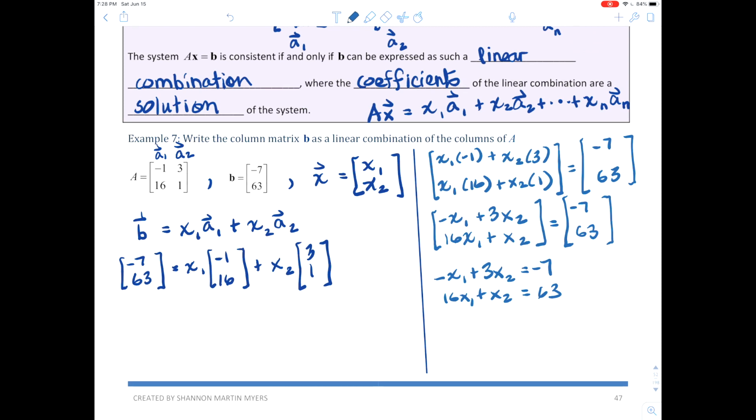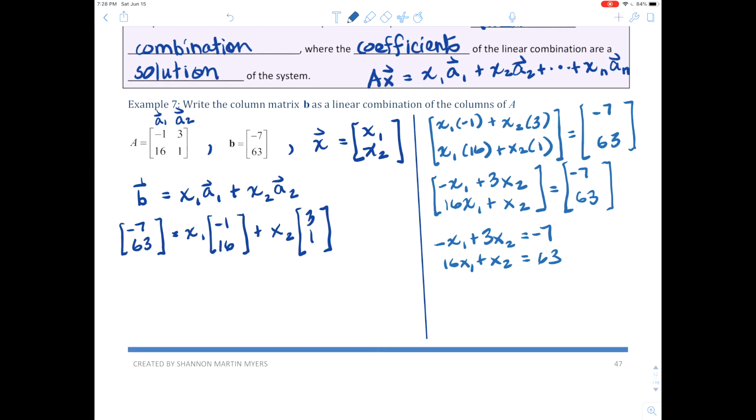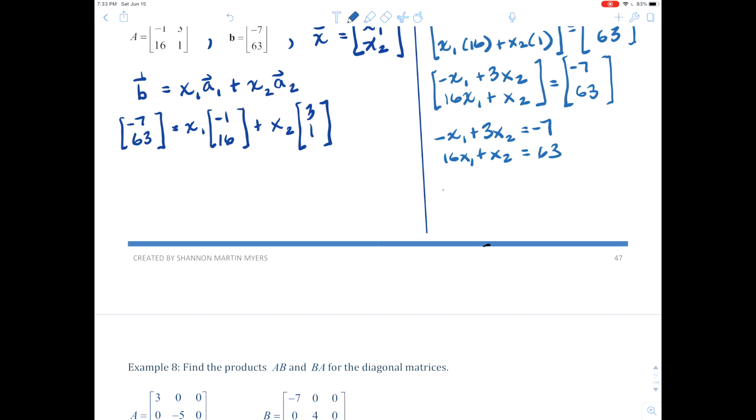Okay, so here we go. This corresponds to the augmented matrix: -1, 3, -7, and then 16, 1, 63.